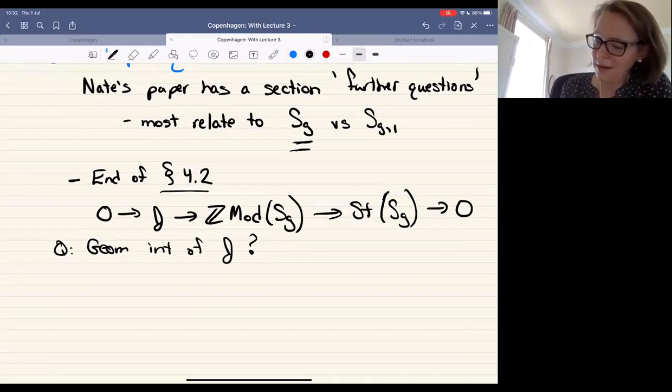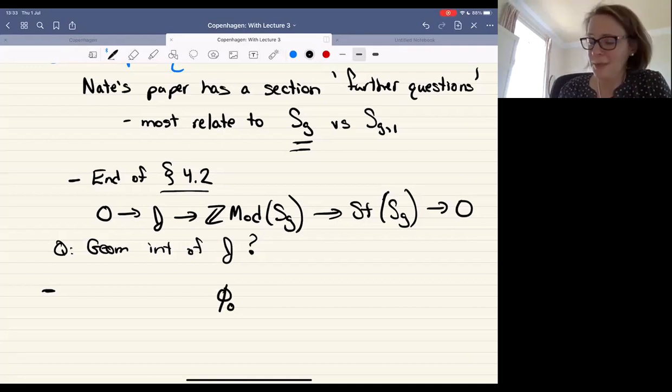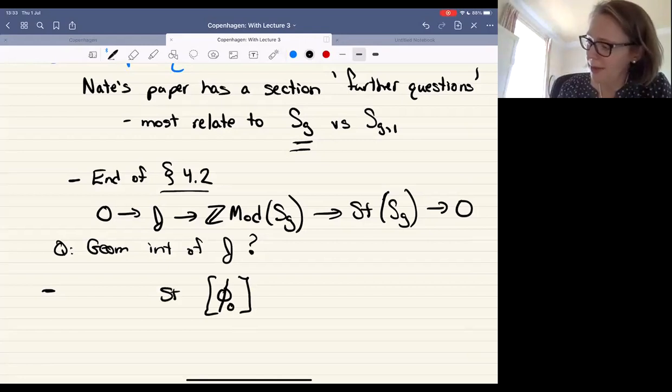And the other question that he raises here is, so we have this generator, which we constructed last time, this Broadus sphere, which actually we were thinking of as a filling system in the arc complex mod the arc complex at infinity.